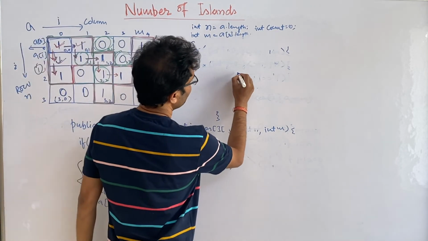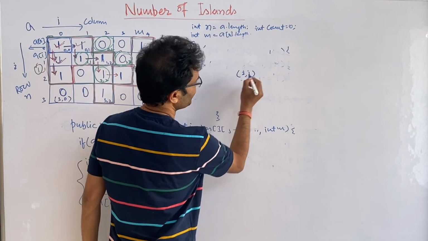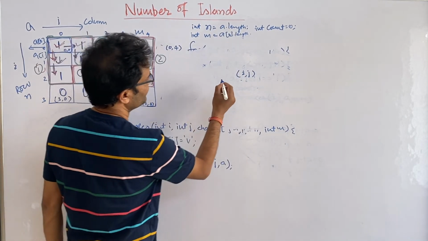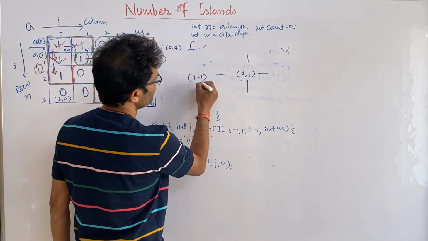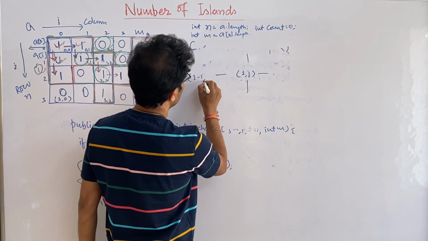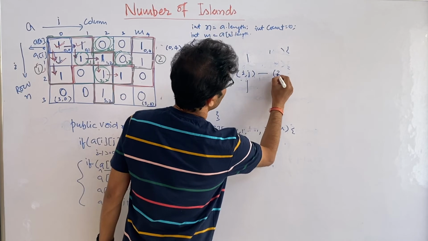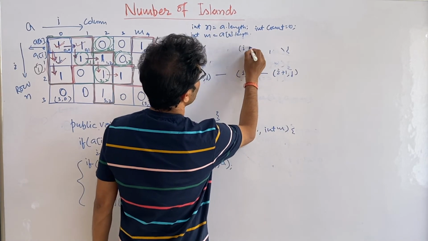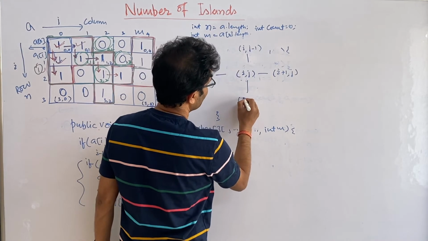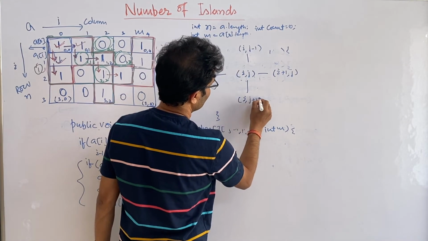So you know that if you have I and j, we are doing the 4 things, right? 1, 2, 3, 4. We are doing I minus 1, comma j, I plus 1, comma j, and then I, j minus 1 and I, j plus 1.